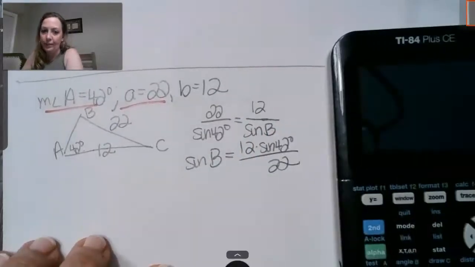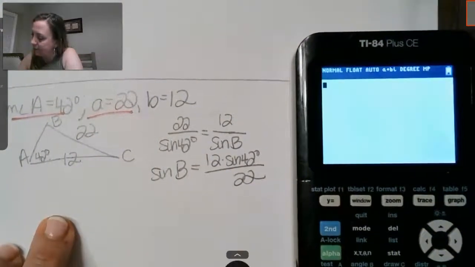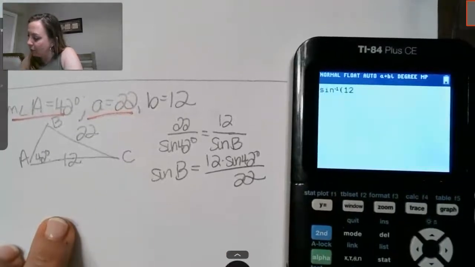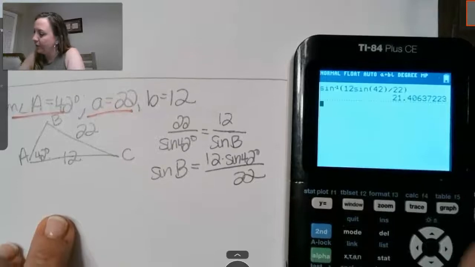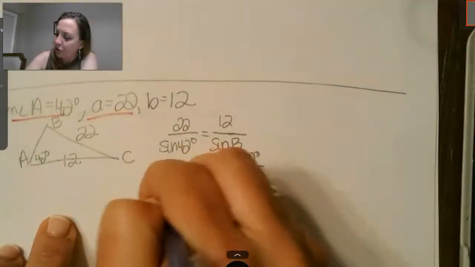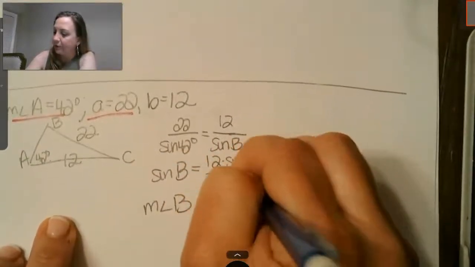And we would put that in the calculator. So again, we could inverse sine the whole thing right away if we wanted. 12 times the sine of 42 over 22 gives me about 21.4. So the measure of angle B is going to be about 21.4 degrees.